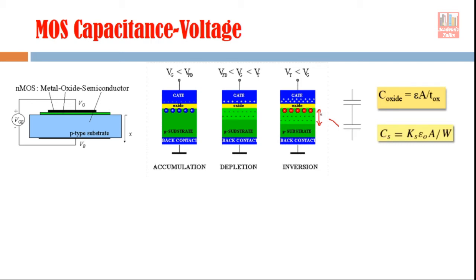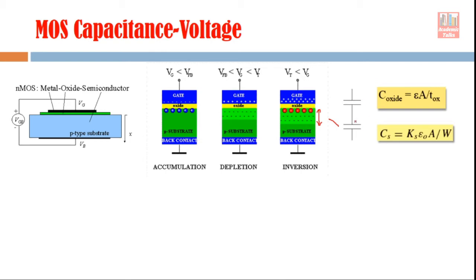This capacitance is within the semiconductor in the form of the depletion region, and its value is given by this formula. K is the dielectric constant of the semiconductor, epsilon naught you already know, A is the area of cross section of the device, and W is the width of this depletion region, right. When two capacitances come in series, the net capacitance decreases.